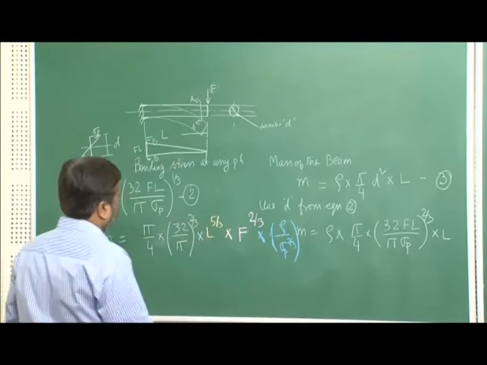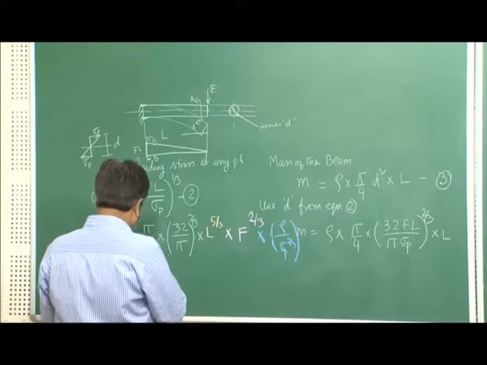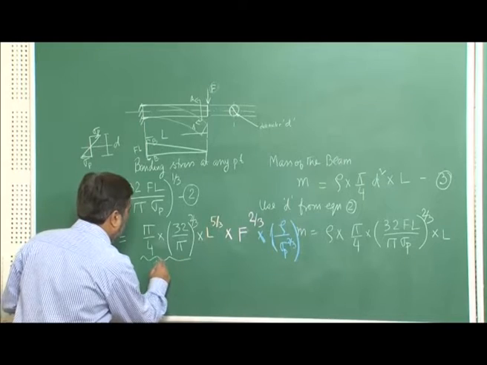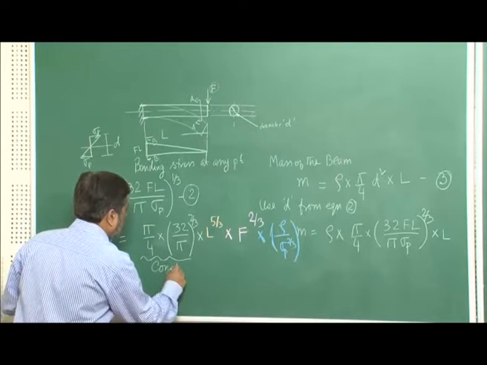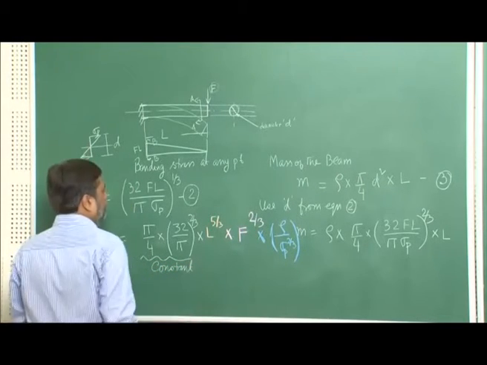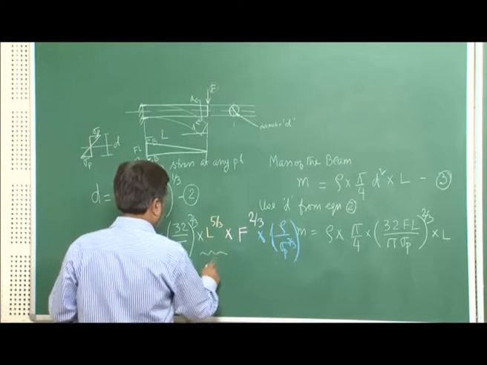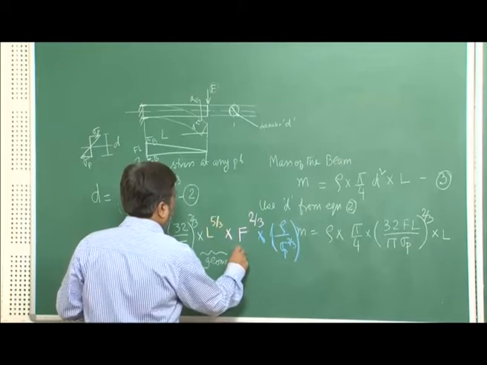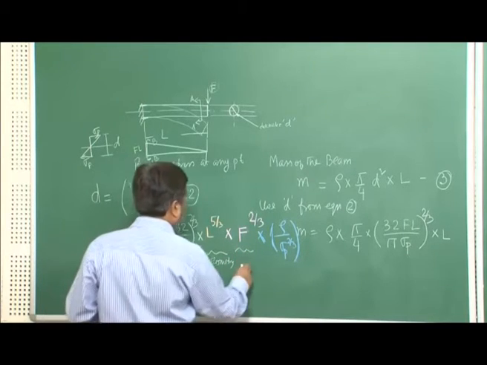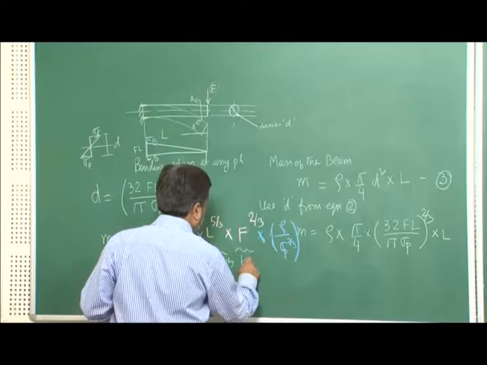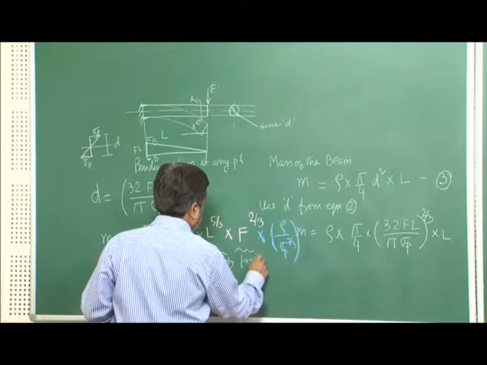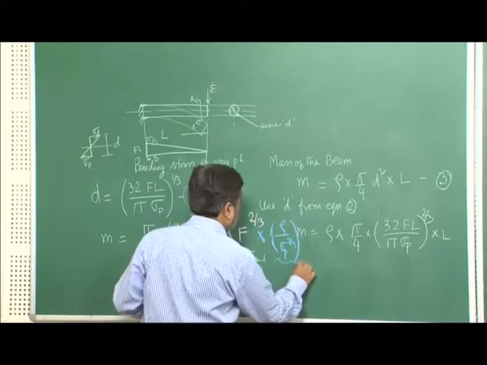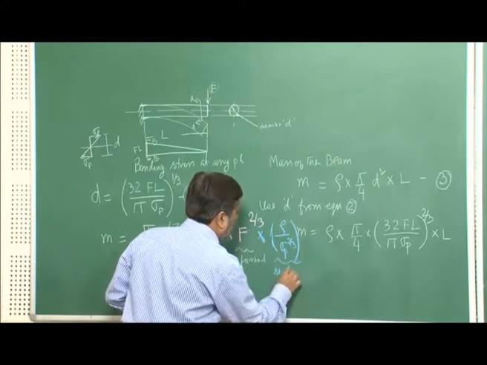Okay, so that is what we have. That means, if I write it down, this is the constant part, this is the geometry part, this is the function part or the loading part, and the last part is the material property.